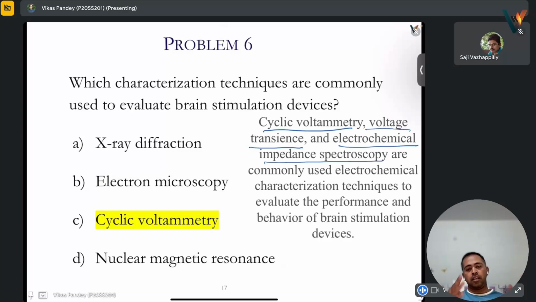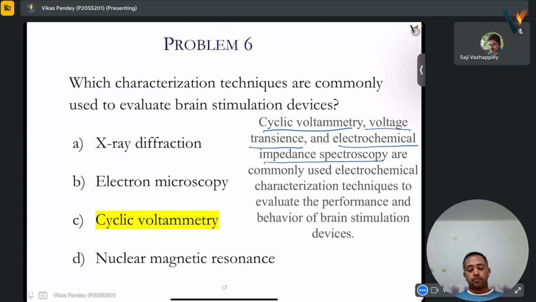Voltage transients is again this, but it is done over a time period, like some voltage is given and the fluctuation is observed. Then electrochemical impedance spectroscopy, where the impedance is checked under different electrochemical situations, like where it is kept in ionic form and then the impedance is measured.